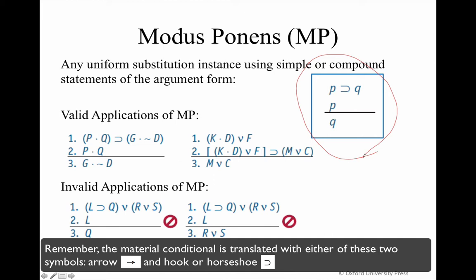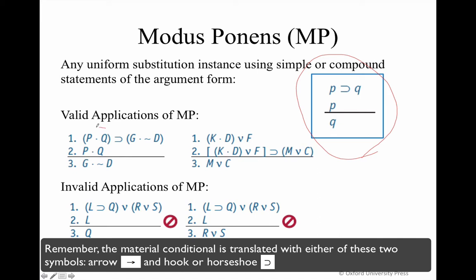If P, then Q, it is P, therefore Q. And as you can see from each of these two examples, the sentences in each of the premises as well as the conclusion can be really complicated. So what you want to make sure that you are comfortable with going into this material is the identification of the main connective. So the main operator, rather, for each of the sentences.